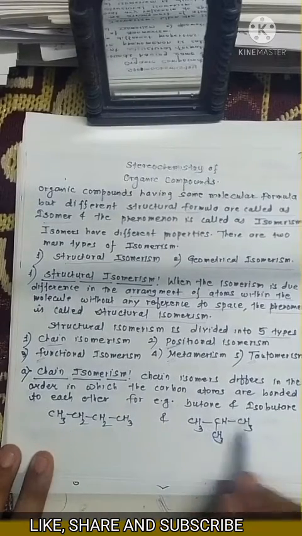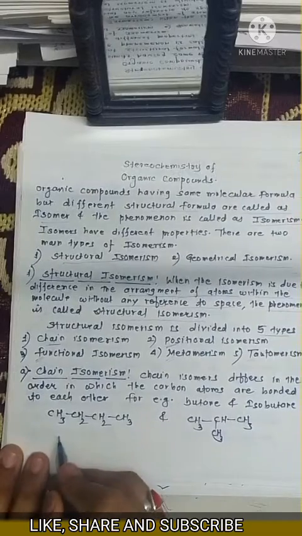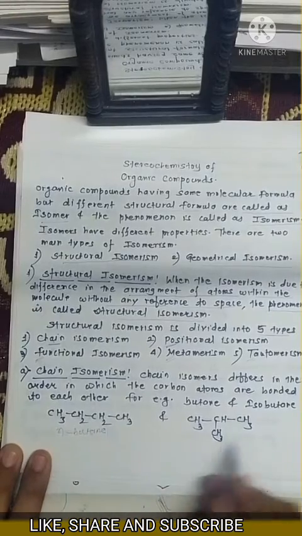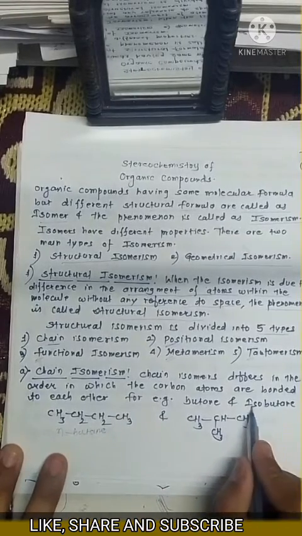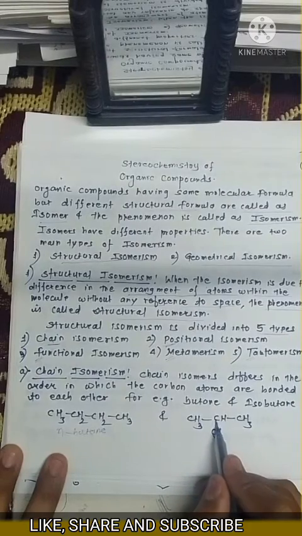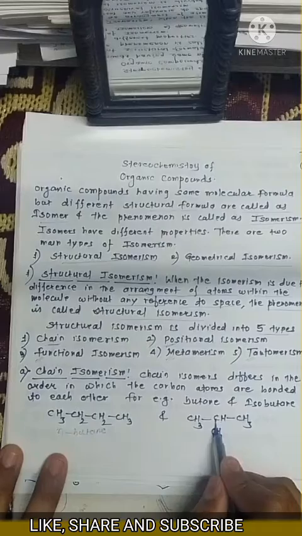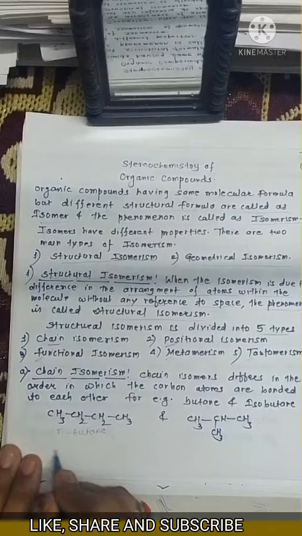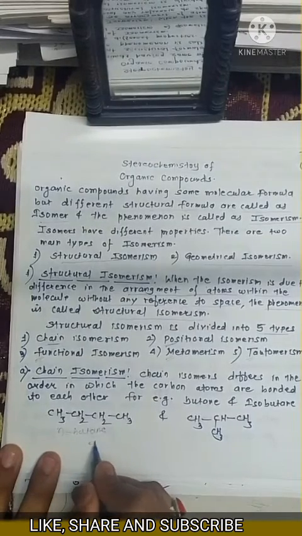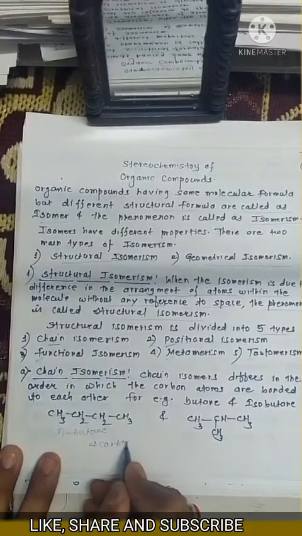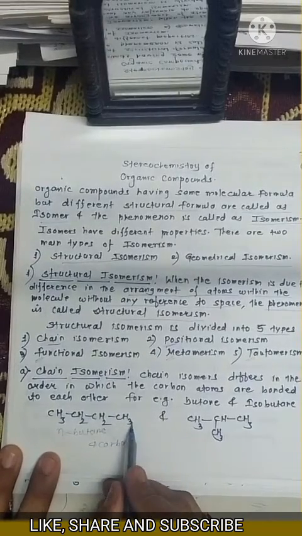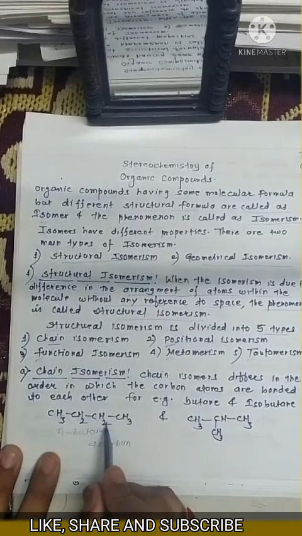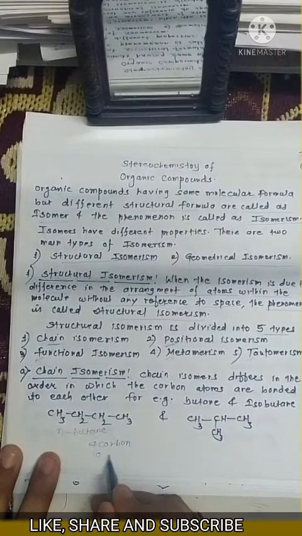In butane and isobutane, we see that it is a normal butane molecule, while in isobutane we see that there is a branch here. Both compounds, that is butane and isobutane, contain 4 carbon and 10 hydrogen.